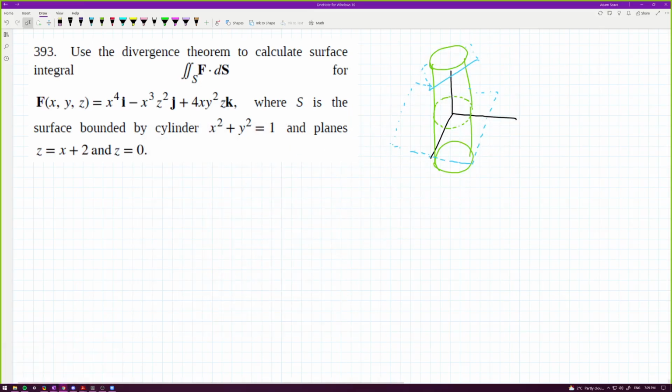Let's use GeoGebra to make a better picture just for the sake of this. x squared plus y squared equals 1. z equals 0. z equals x plus 2. Okay. There you go.